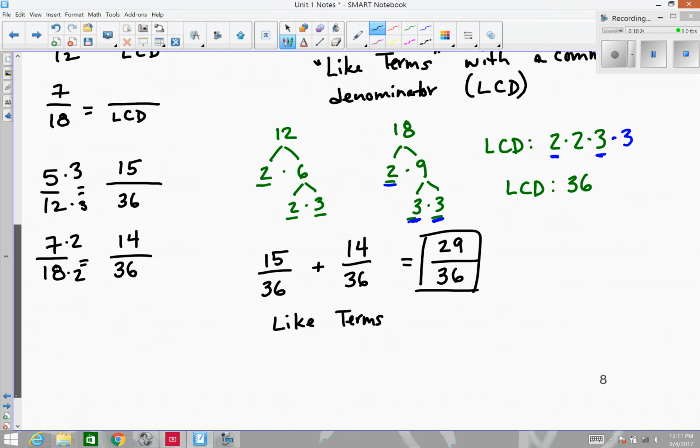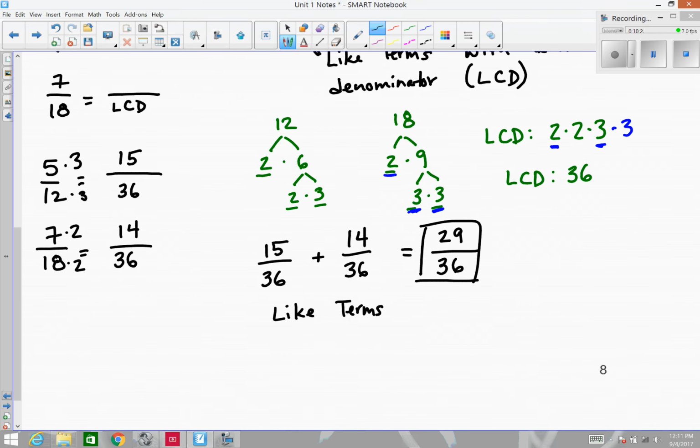Now, just to emphasize again why these are like terms, I'm going to write these two fractions out in words again. It's like saying I have 15 of those oranges, or in other words, 15 36ths.